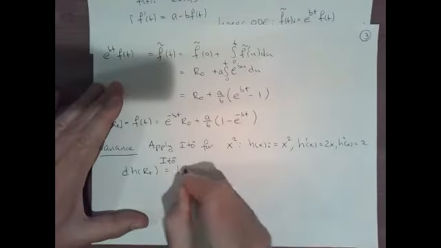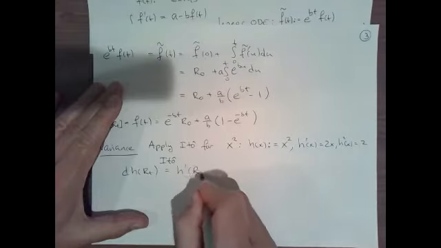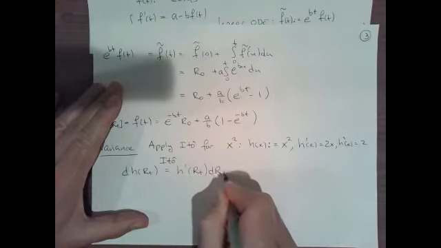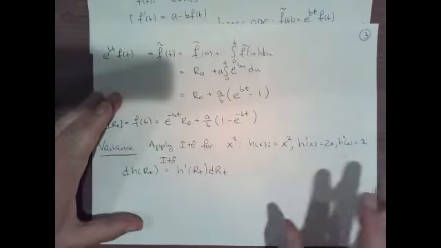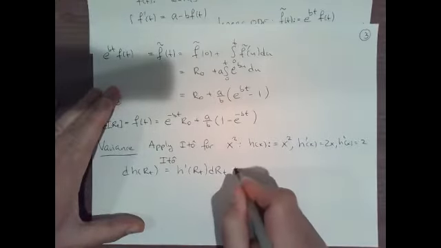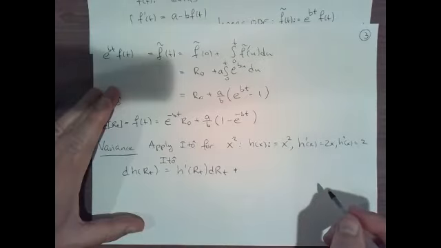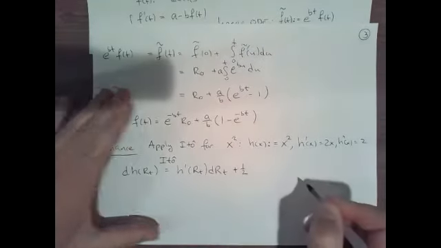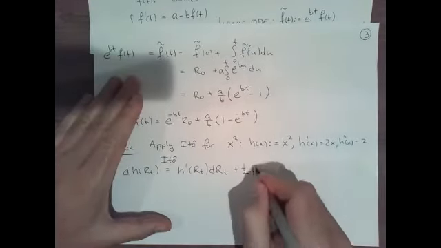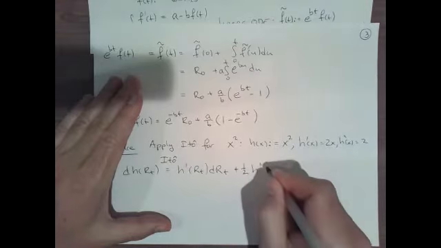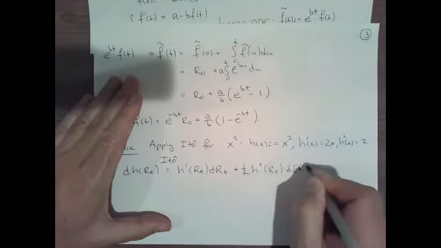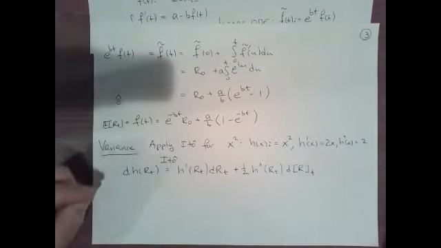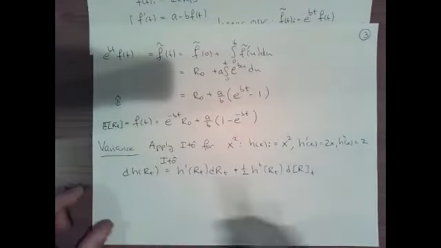This will be h prime applied to R_t, dR_t. And then whenever we have a Brownian motion, we always need the second order terms. This is going to be one half h double prime of R_t, and then you need the quadratic variation of R. All right, so this is Ito.